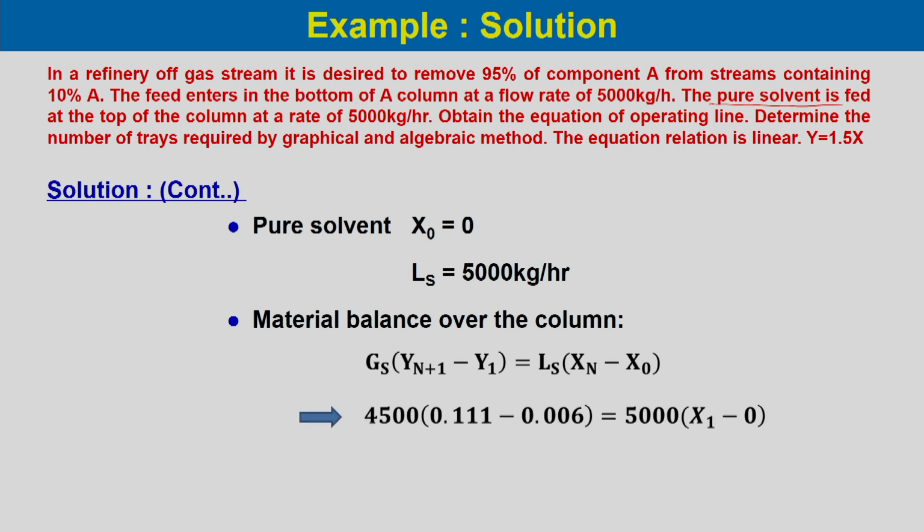So, if we substitute, we can calculate the exit mole ratio capital X 1, which would be equal to 0.9 into 0.105, which is equal to 0.0945. So, X 1 is now known to us.